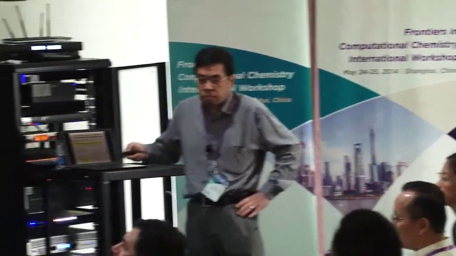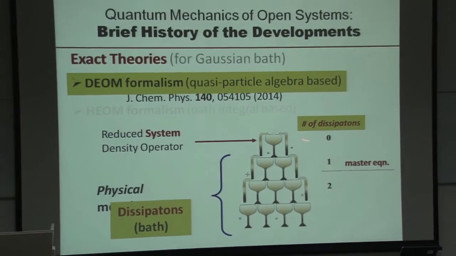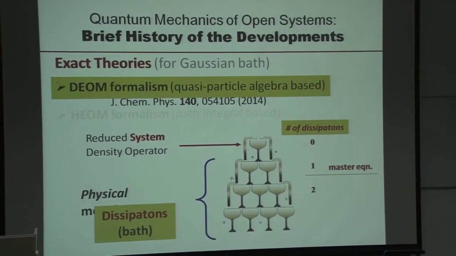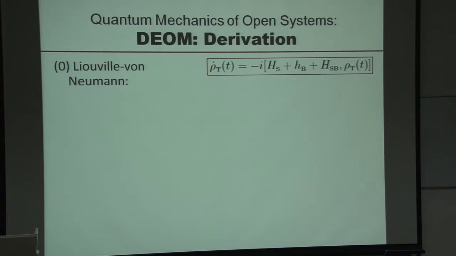They describe not only system dynamics but also bath dynamics. Also, we now classify by the number of dissipatons, like coupled cluster systems. The whole theory is like quantum mechanics for open systems in full configuration space. Okay, the development goes step by step.